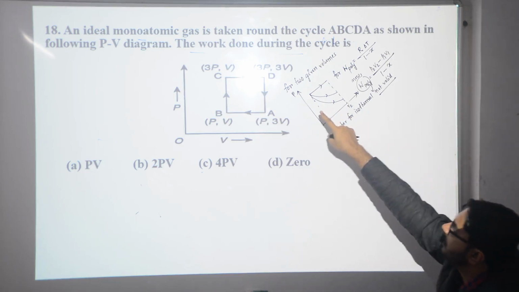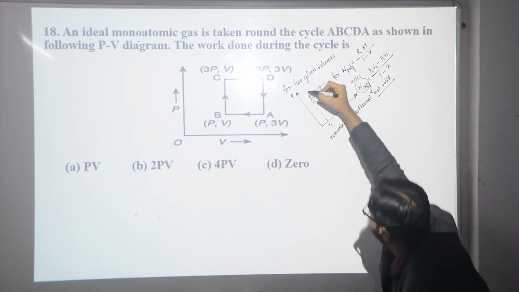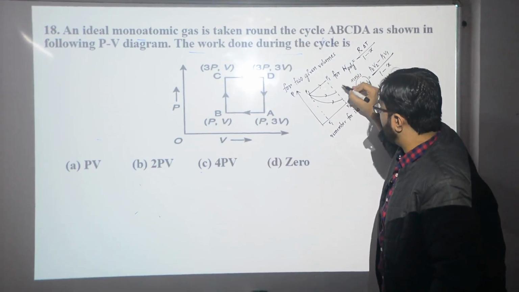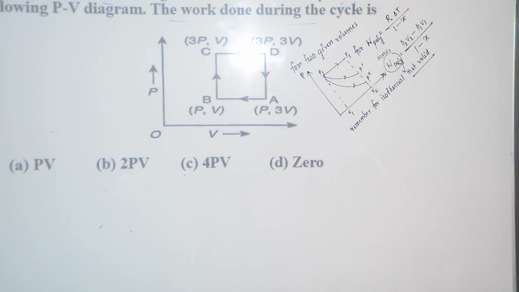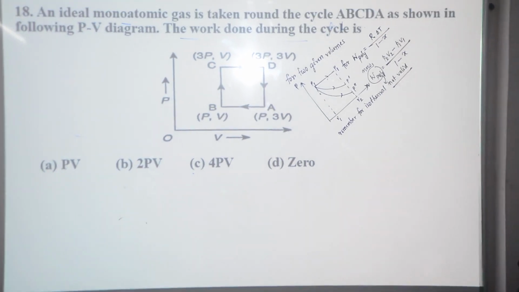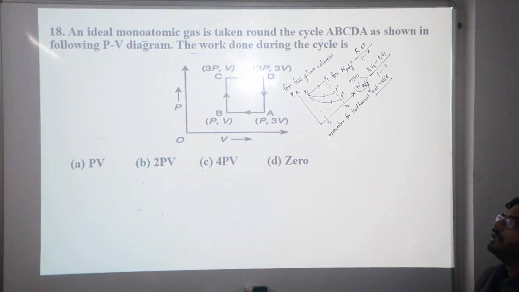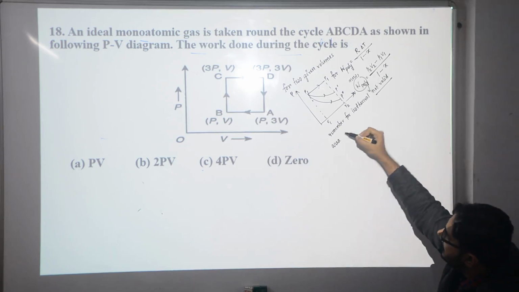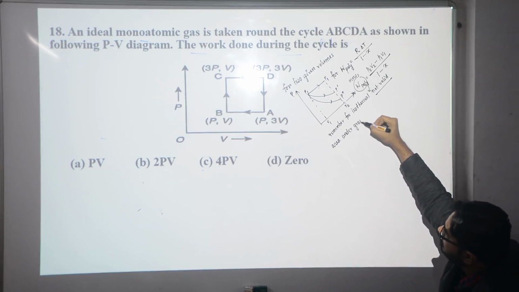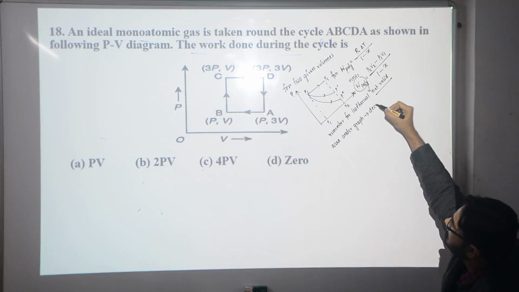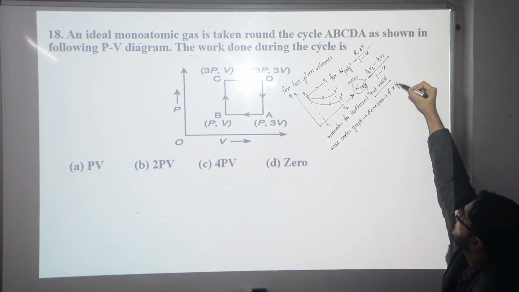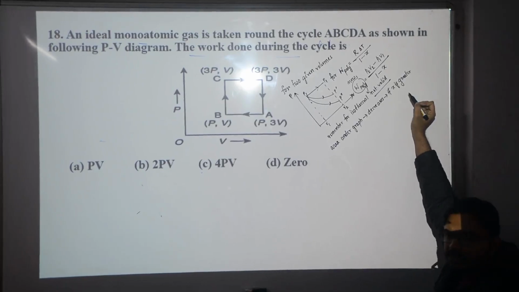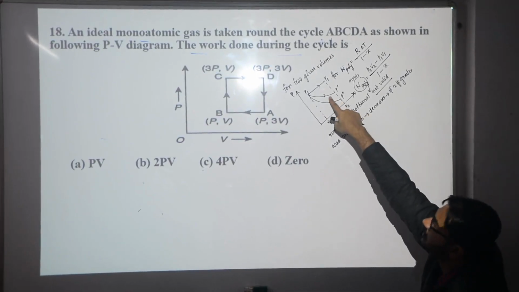In the first one we have P1, and here we also have P1, but in this case we have P dash, and here we have P double dash, right? So the area under the graph decreases if x is greater. Any problem?